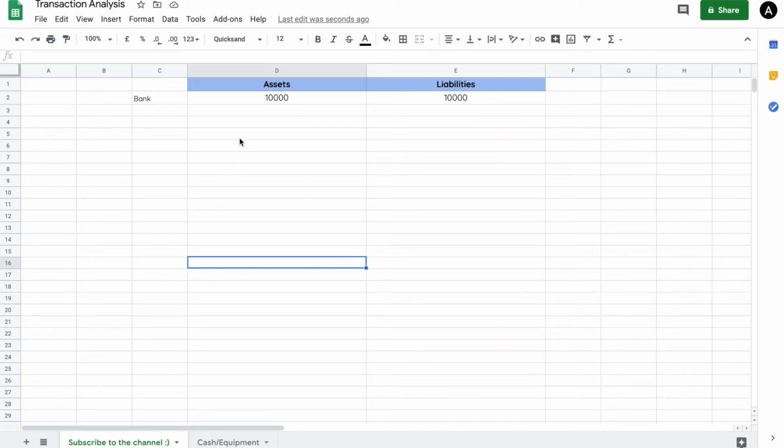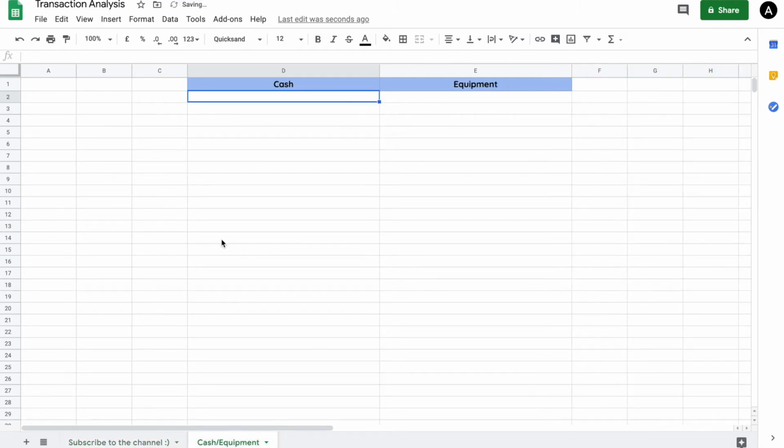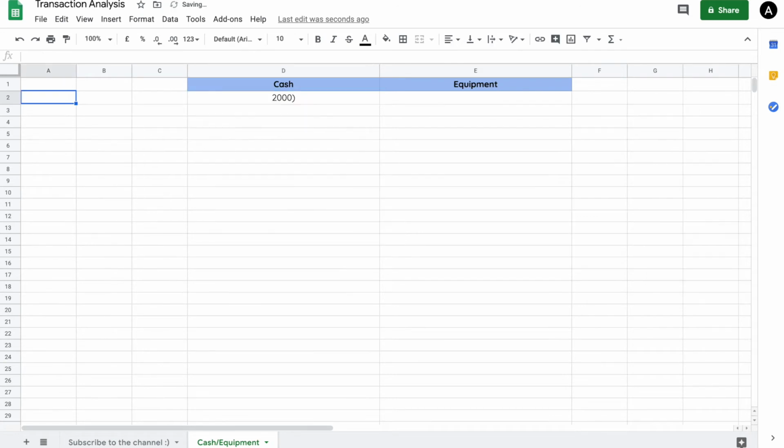Now, with the $10,000, we take $2,000 to buy something, like equipment, a fax machine, a photocopier, or maybe a new desktop that can help be more productive or help the overall growth of the business. It's construed not as an expense, but as something that can help the business grow. So let's look at what happens to our accounts. Out of the 10,000, we have taken 2,000, so our cash account gets reduced by 2,000.